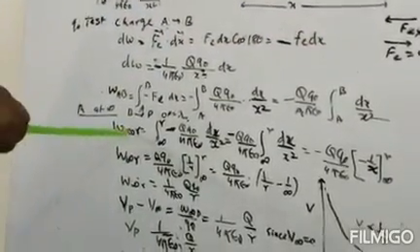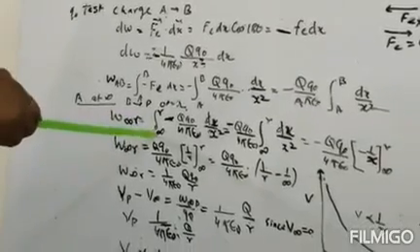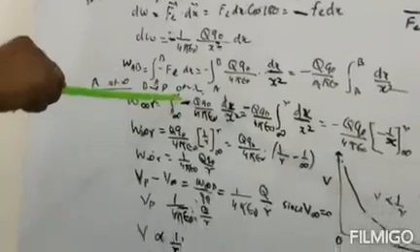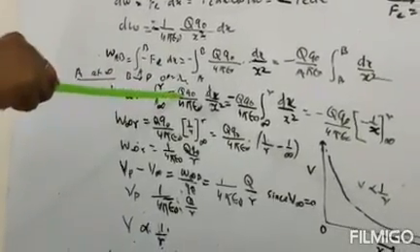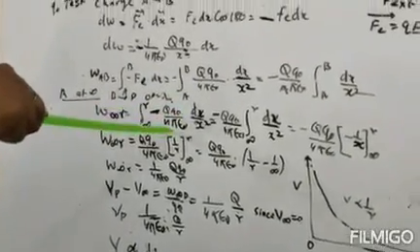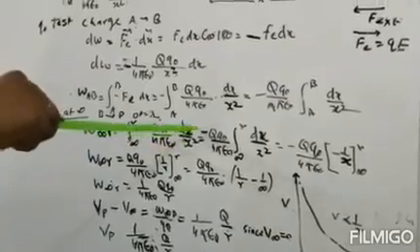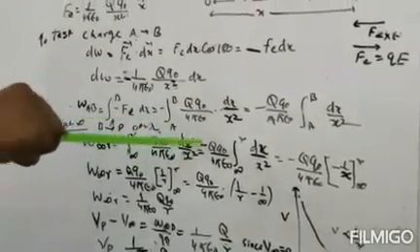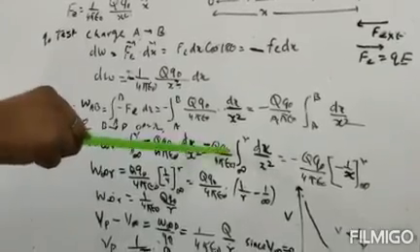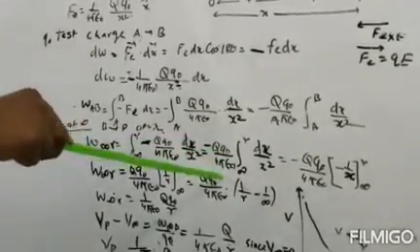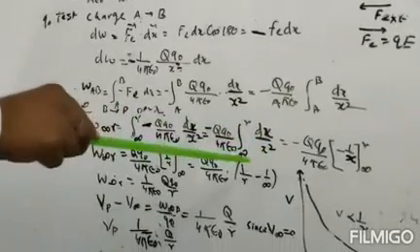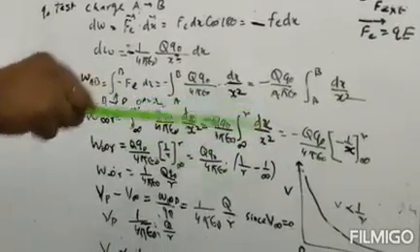The work done from infinity to r will be equal to the integral from infinity to r of minus capital Q Q0 divided by 4 pi epsilon 0 into dx by x square. This quantity is constant, so we take it outside: minus capital Q Q0 divided by 4 pi epsilon 0, integral of dx divided by x square, limit infinity to r.